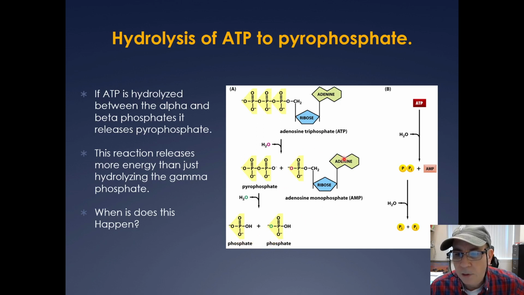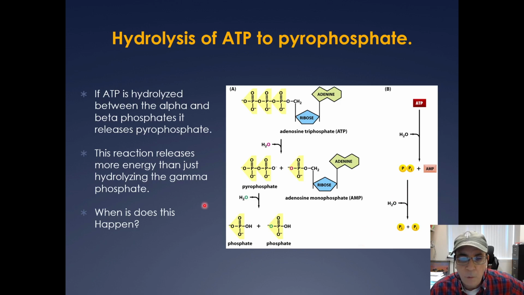And in the end, you're left with adenosine monophosphate. So you can go from ATP, hydrolyze that, to AMP and pyrophosphate, and then from the pyrophosphate down to two inorganic phosphates when the pyrophosphate gets hydrolyzed.